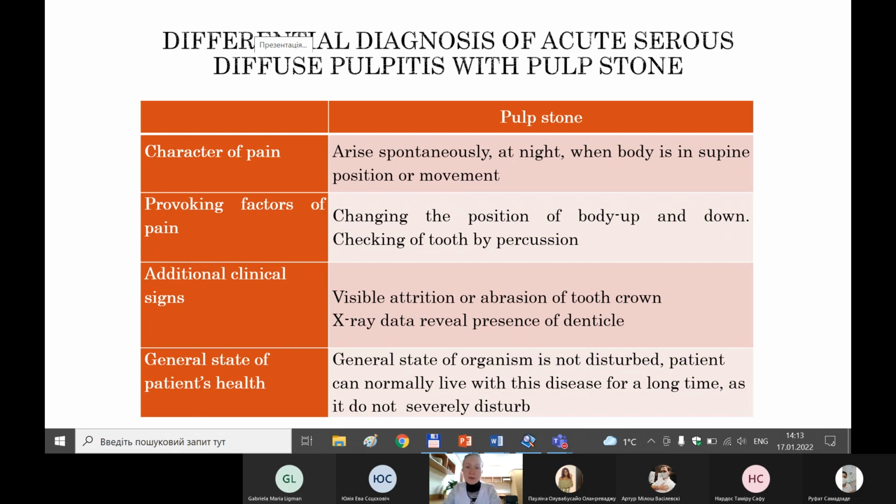But in the case of acute serous diffuse pulpitis, inflammation will increase and progress, leading to constant pain. In the case of pulp stone, the pain will be only from these provoking factors, moving up and down or taking the laying position.